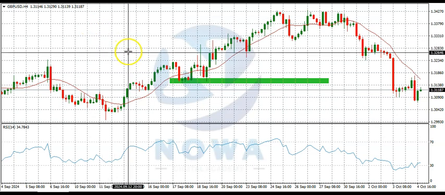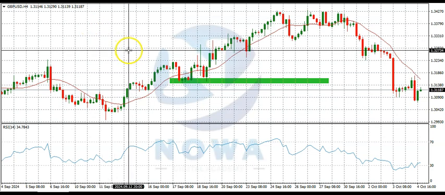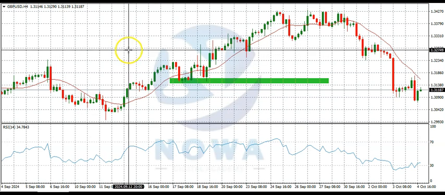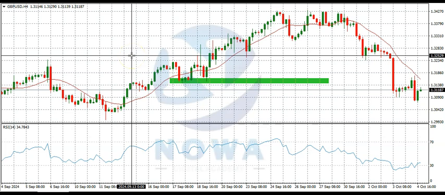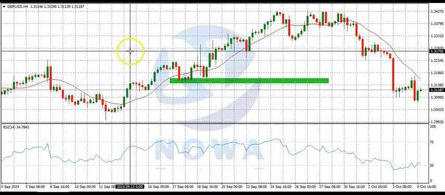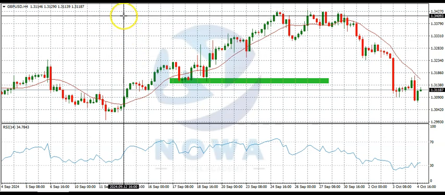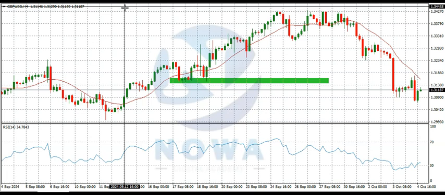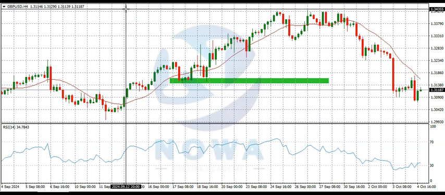You understand? We want to see bullish pressure that will break 1.328, between 1.328 and 1.325. We want to see this region broken. Then we'll be pretty sure that the market is coming to this region. And if it comes, then we'll be looking forward to the market breaking this region.